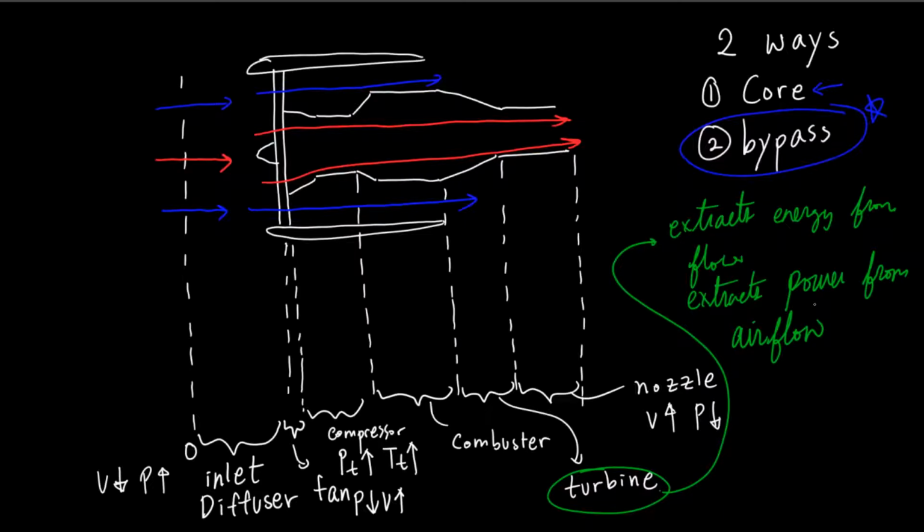And what do you think the turbine powers? Well, it powers the fan. You are right. But what other things is it powering? It's powering the compressor. So without the turbine, the compressor will not work and the fan will not work.